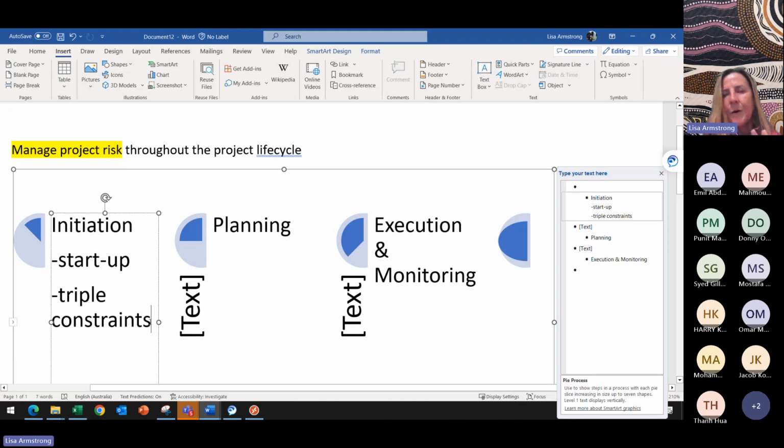How does that reflect then, if we're talking about managing risk, we're initiating the management of risk? What is the relevance of Jacob's point around the triple constraints, limited time, limited cost, financial resource, limited scope, only what's included we can work on? We have limits, constraints.